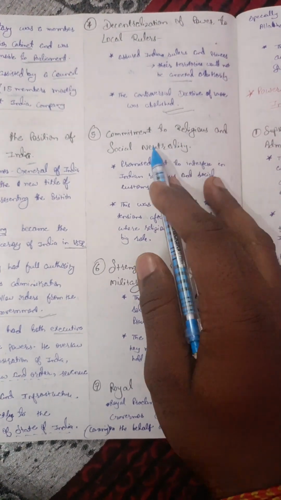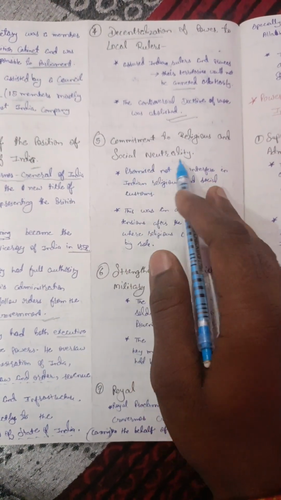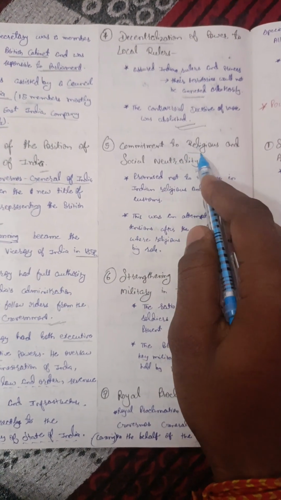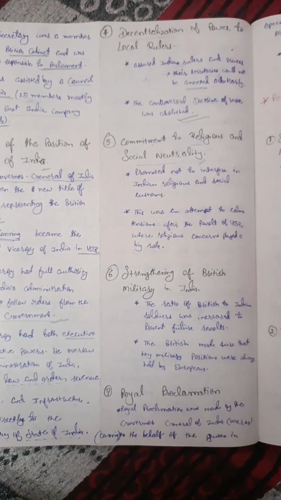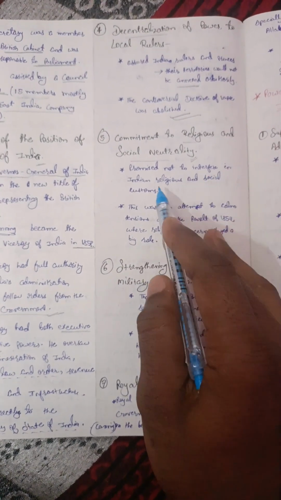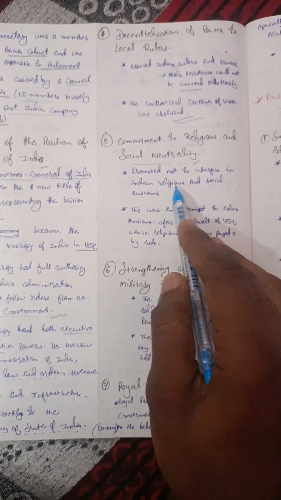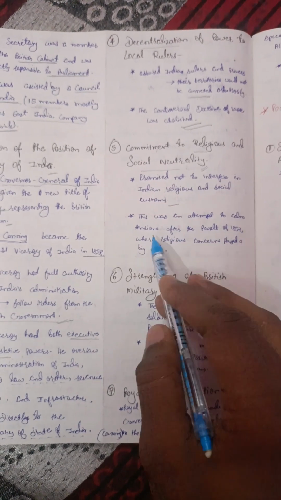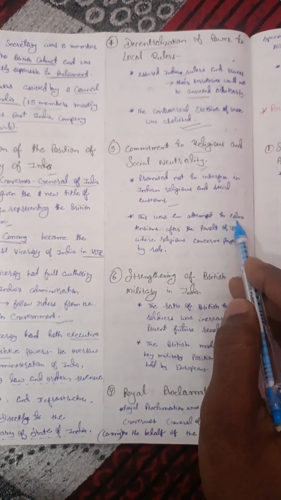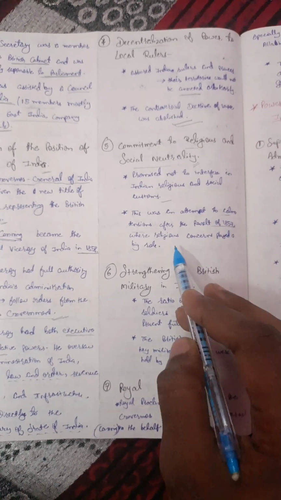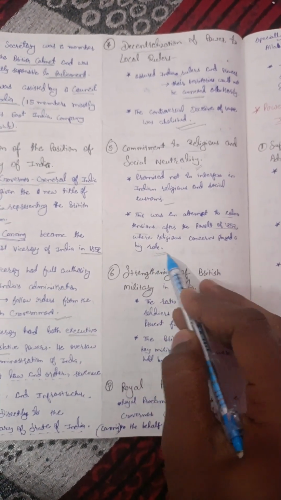Also, in the provision, religious and social neutrality was promised by the Queen, and the promise was that it would never interfere in Indian religious and social customs. This was an attempt to calm the tension after the revolt of 1857, where religious concerns played a big role.